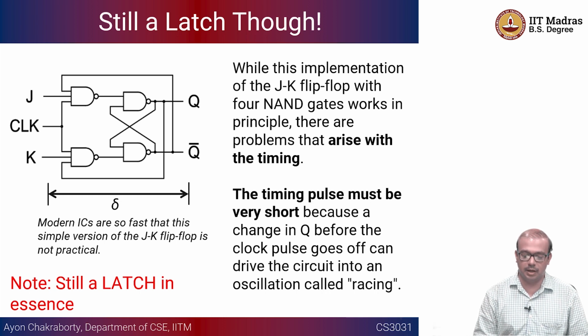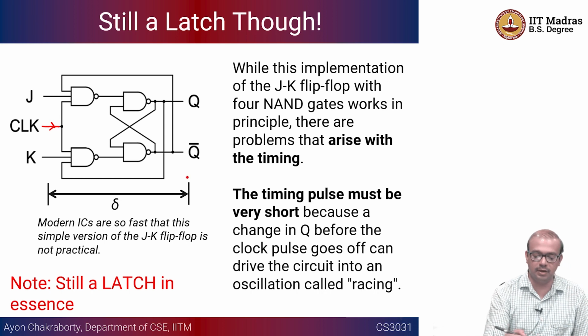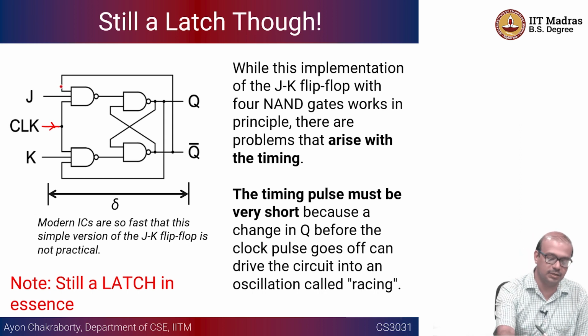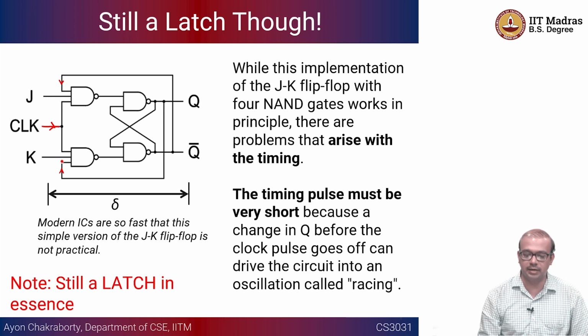The problem was that as long as the clock remains high, even if it toggles, if Q was 0 and has become 1, or was 1 and has become 0, the next time, as you can see, there is a feedback coming back to the front layer of the circuit, the front NAND gates.